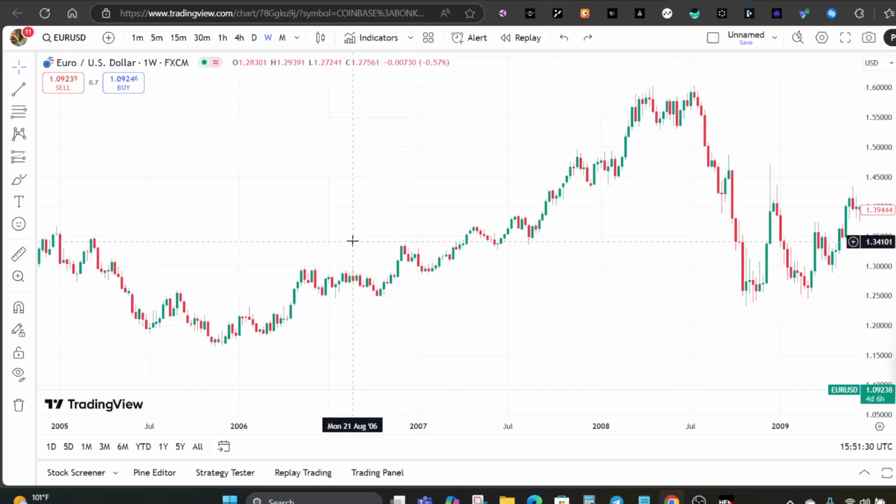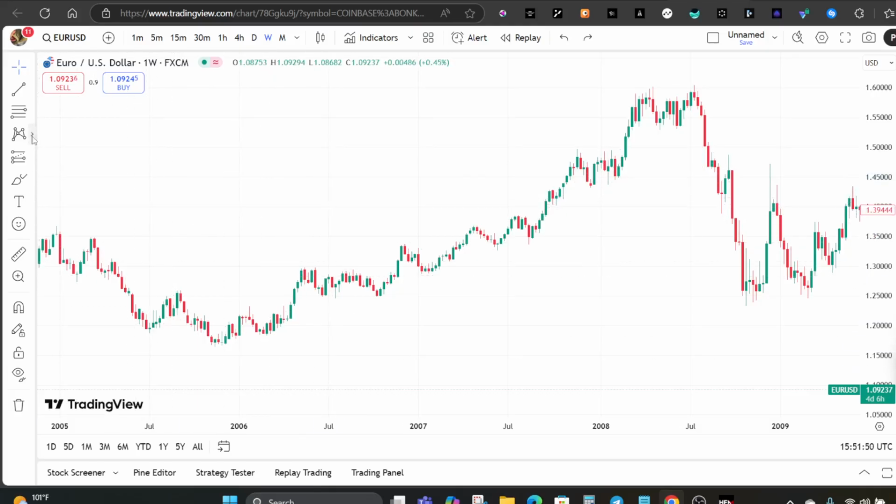The key idea is that price moves in cycles, alternating between impulsive moves in the trend's direction and corrective pullbacks against the trend. Now, let us just break it down into two main components, which are the impulse waves and the corrective waves.